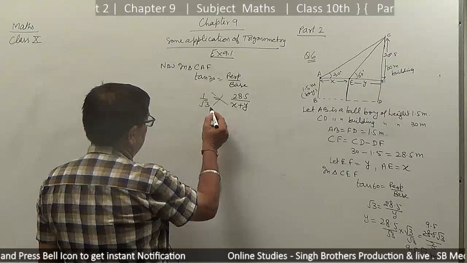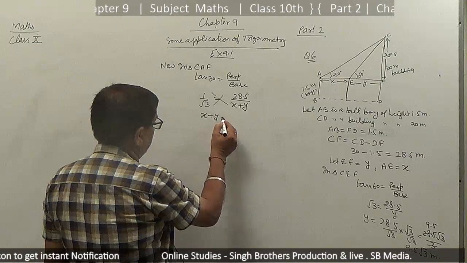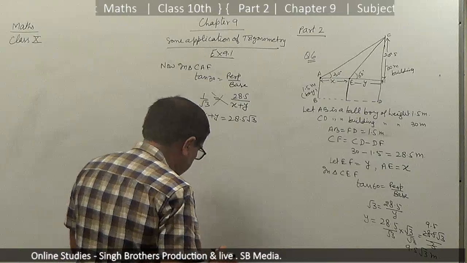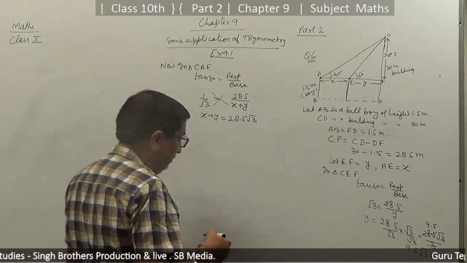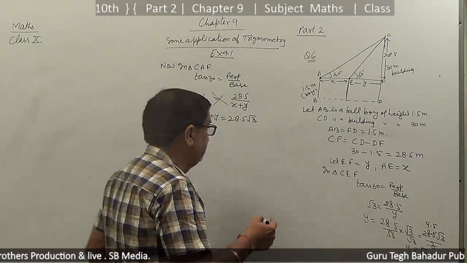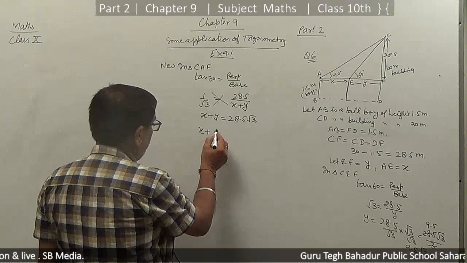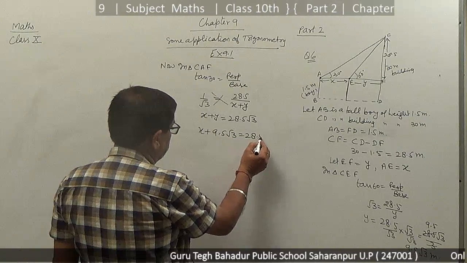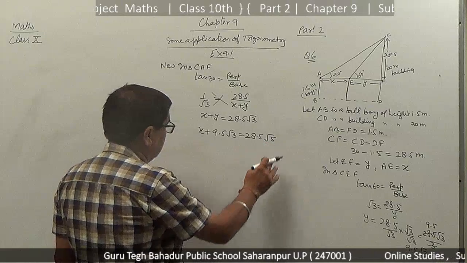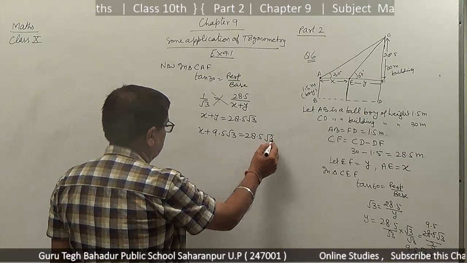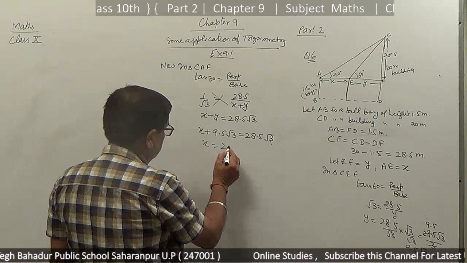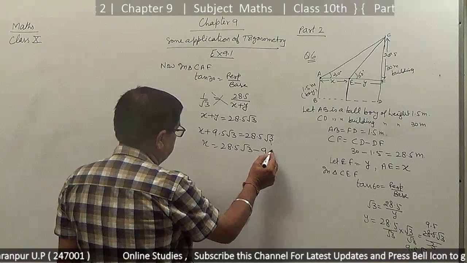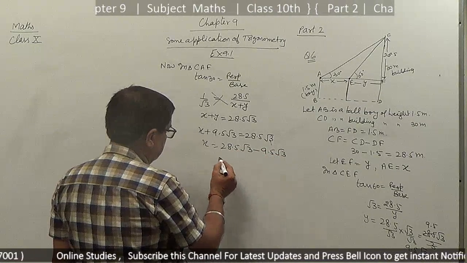Cross multiply: x plus y is equal to 28.5 root 3. Putting the value of y, 9.5 root 3, x plus 9.5 root 3 is equal to 28.5 root 3, and x is equal to 28.5 root 3 minus 9.5 root 3.